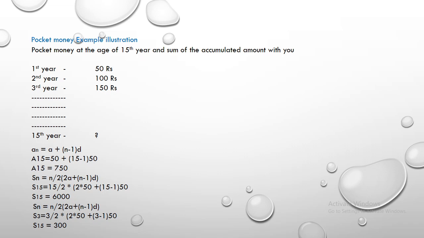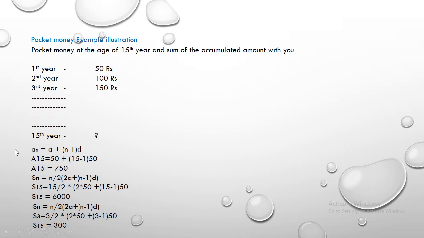It represents, if you take the previous example, what we have derived, an means how many bricks are there in the nth term. Like that, the pocket money her father has given at the age of 15, we can find out using the formula an is equal to a plus n minus 1 into d.